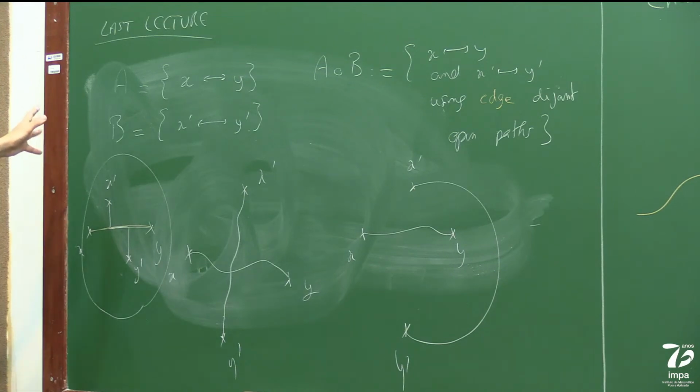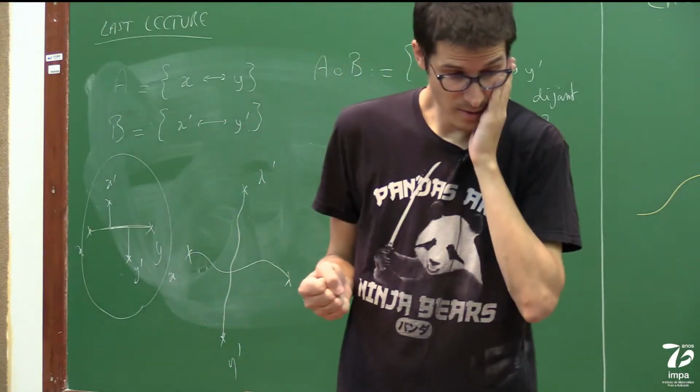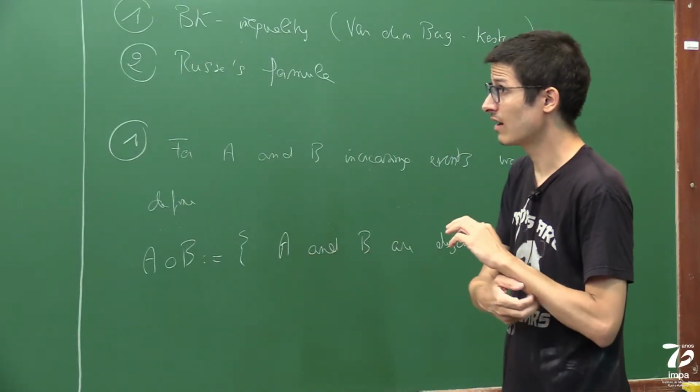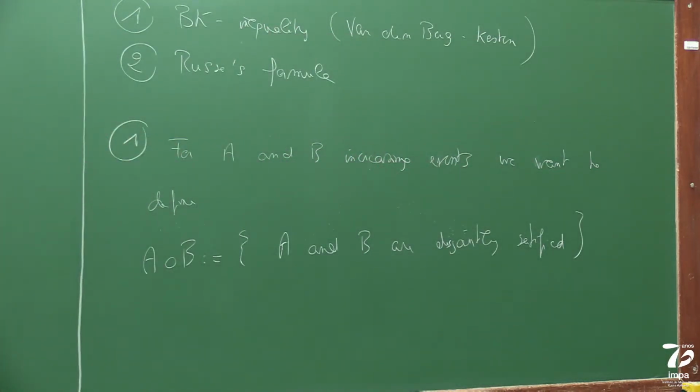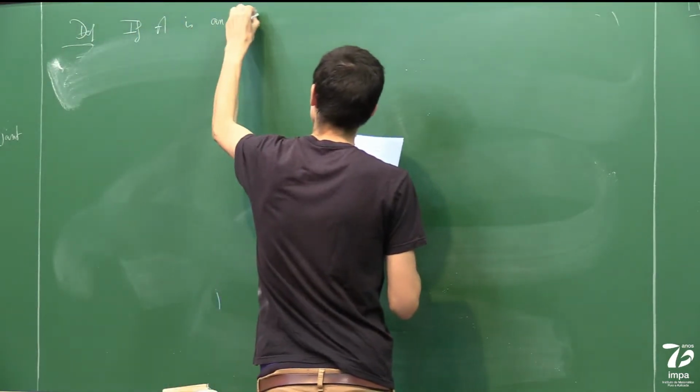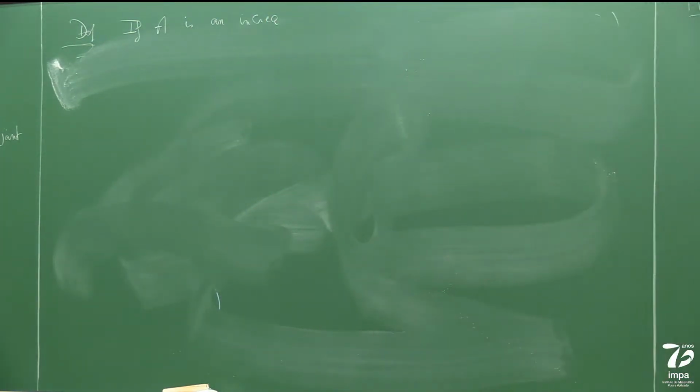But this thing of being disjointly satisfied, I have to find a way to make this definition work, to find a formulation for general increasing events.